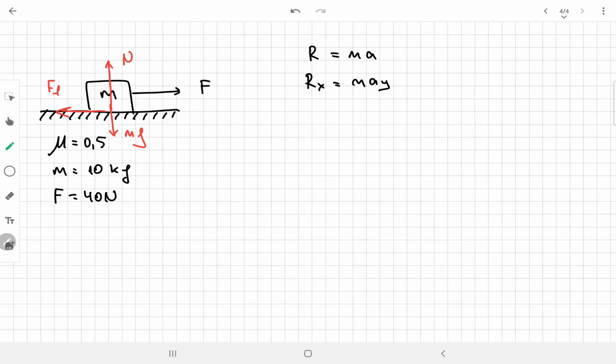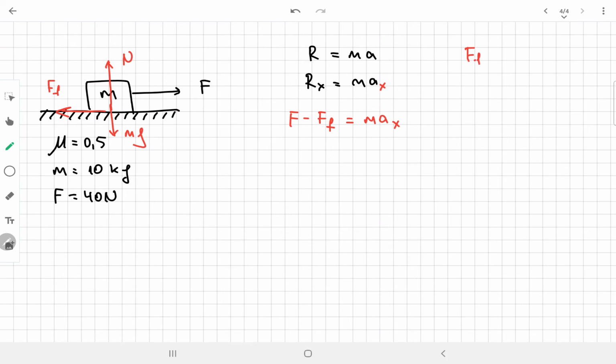So resultant force in x direction equals force minus friction force equals m a_x, because this is a motion in horizontal direction. This is also x. So as you see, first we need to estimate the friction force.